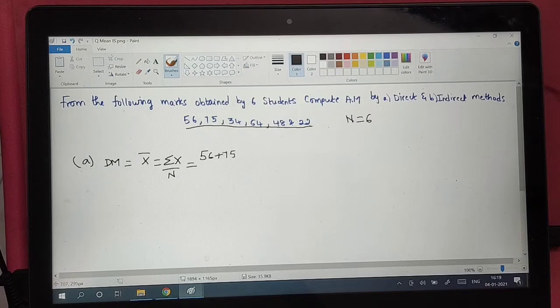So here let's add up all our observations, plus 48 plus 22. And this is divided by the number of observations, which is 6.